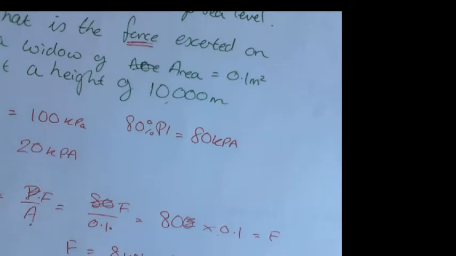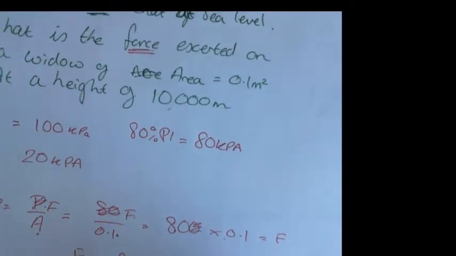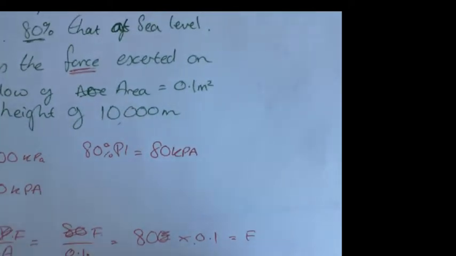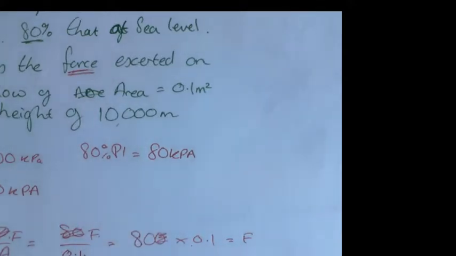The long way round of doing this would have been to do the force on the inside minus the force on the outside. That will give you your resultant force pushing outwards, okay? But if you just do the difference in pressure, that will give you the net force exerted by that pressure.